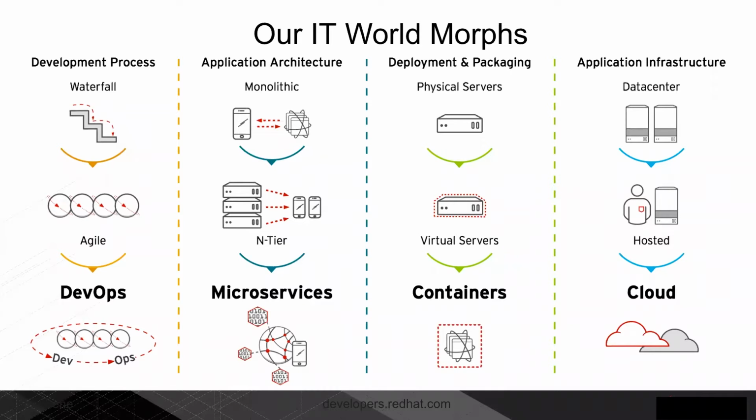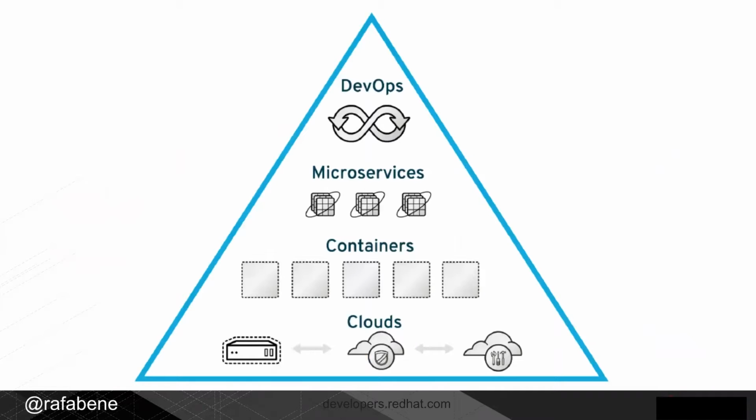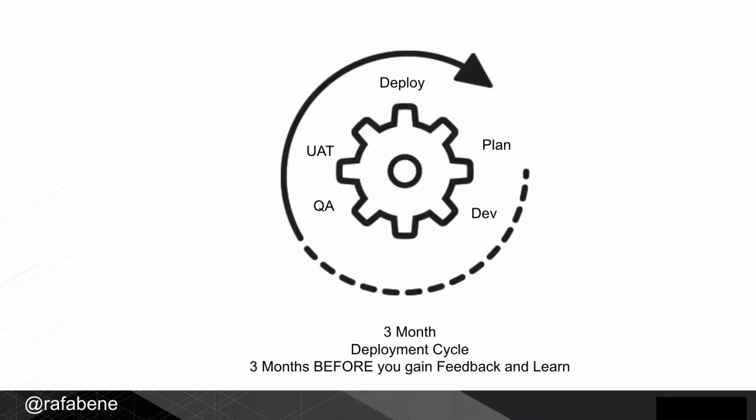In the deployment area, we came from physical servers to virtual servers, and now we talk about containers. And finally, in the application infrastructure, we are talking about clouds. So the focus of the IT industry at this moment, and the focus of this presentation, is DevOps, microservices, containers, and clouds. But some things never change.